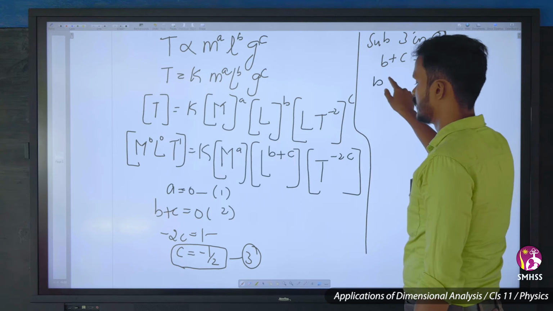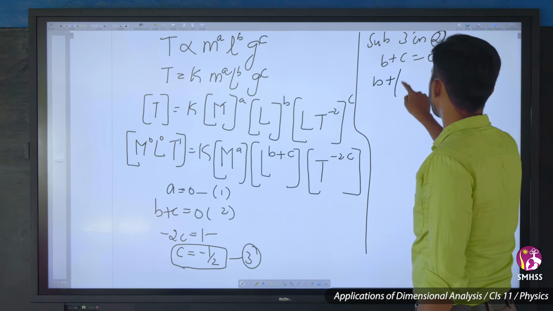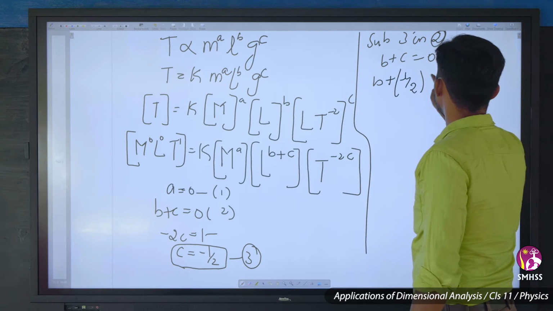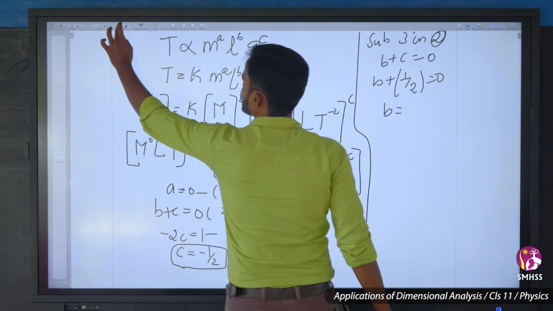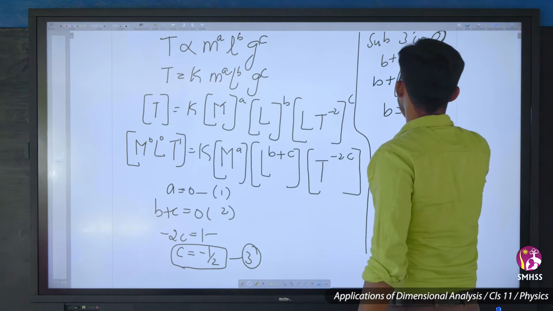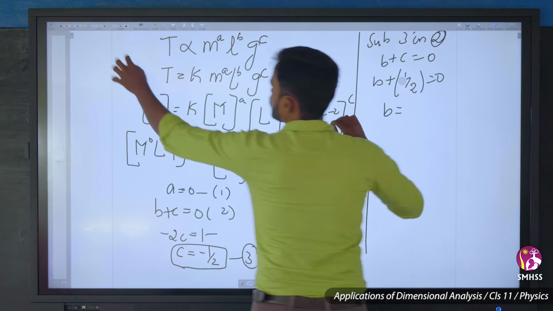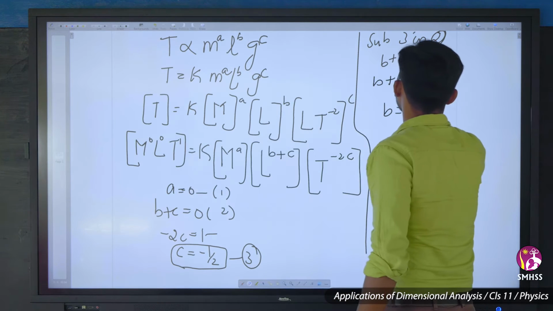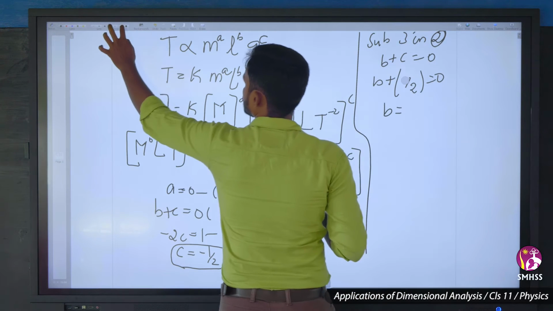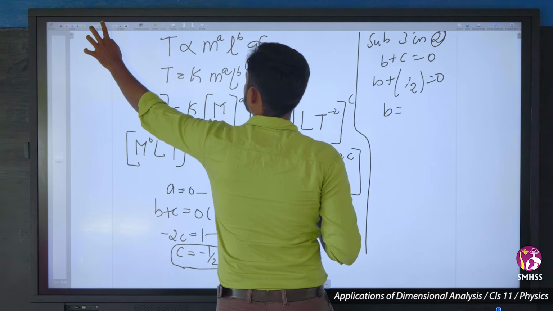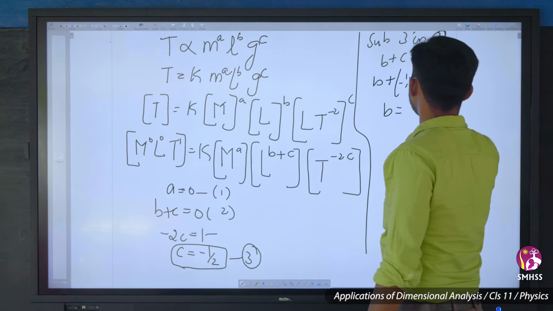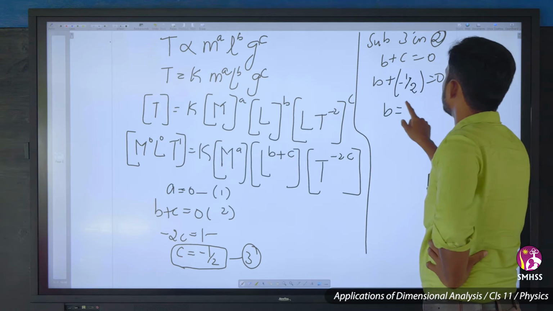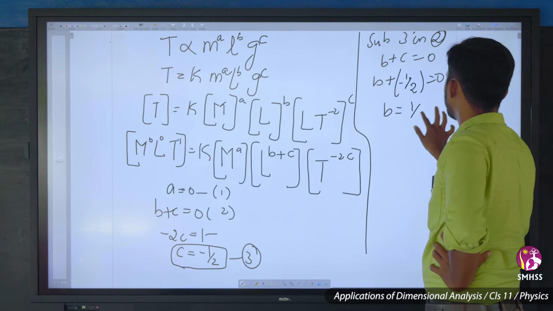So, instead of c apply minus 1 by 2, that gives b is equal to 1 by 2.